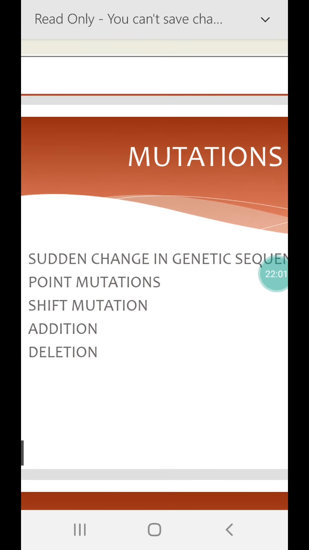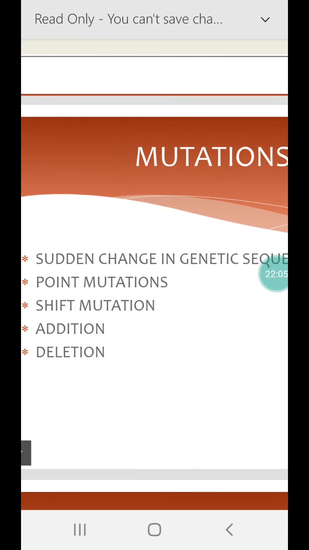Next is mutations. A sudden change in genetic sequence is called a mutation. There are different types of mutation, like point mutations, frameshift mutations, addition or deletion.